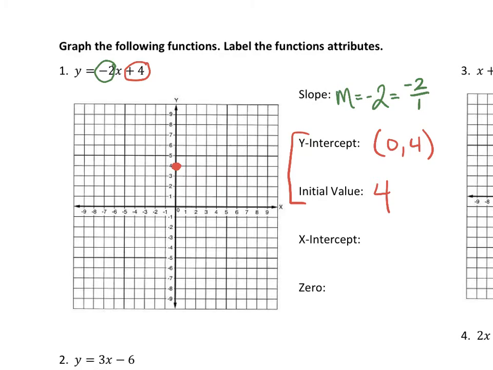Starting at that y-intercept, I'm going to count down 2, and I'm going to go over 1. That's where the next coordinate point should be. I repeat that process, down 2, over 1, and I plot myself another point. I'm going to do this a few more times just because for me personally, I have a hard time drawing straight lines. So the more coordinates you have showing on your graph, the easier it will be for you to draw a straight line between them.